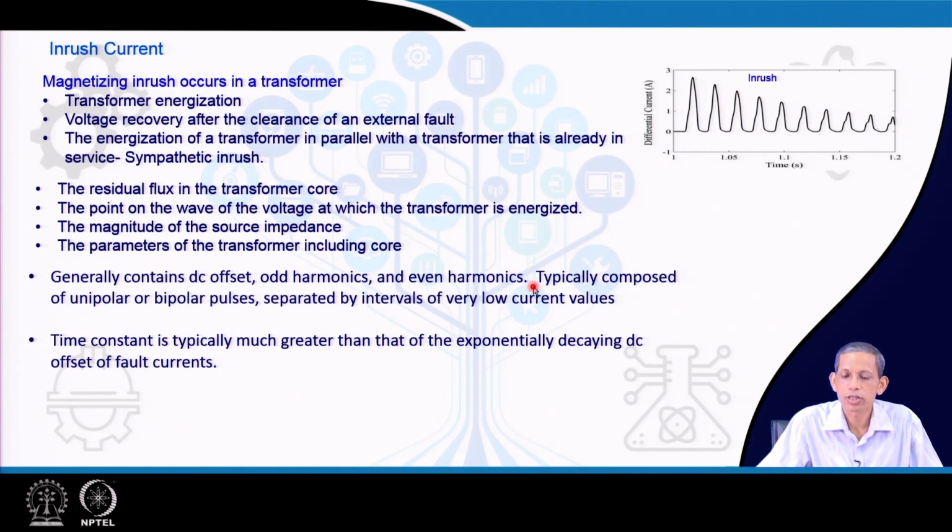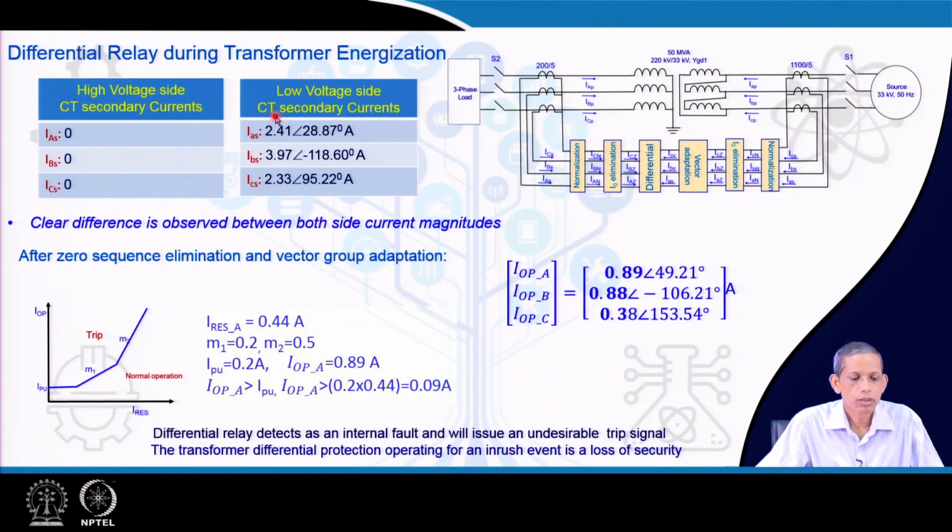This special wave of the current in the transformer plays a nuisance in the operation of the transformer differential relay. Now, during transformer energization, the example which we have taken in the earlier lecture also: 33 kV delta side, star side 220 kV, with the source side and the load side.